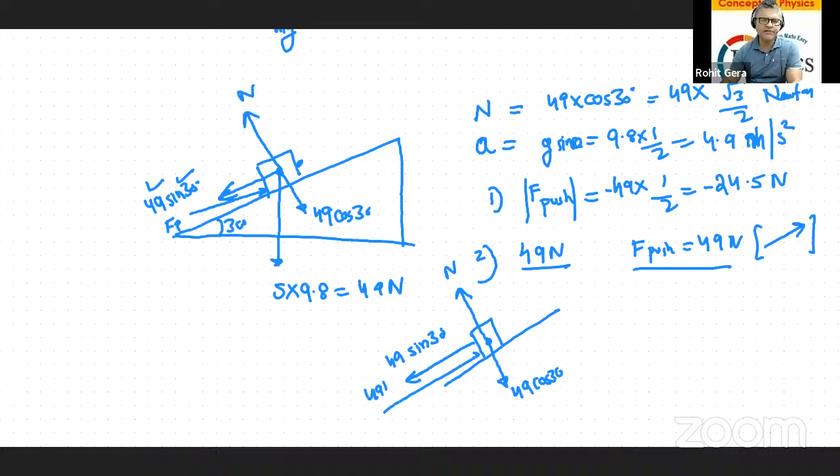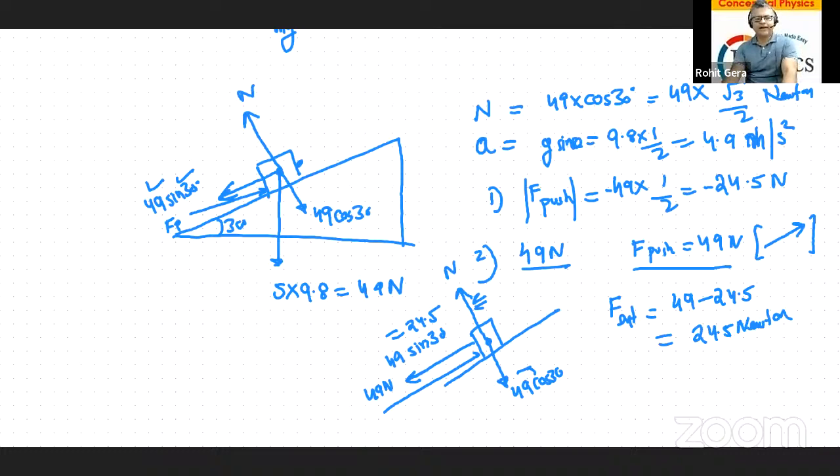And if you calculate this, this was 24.5 newtons. If you notice, in the y-axis, everything is balanced, nothing to worry about, right? Therefore, the net external force is going to be upward, 49 minus 24.5 is equal to 24.5 newtons.